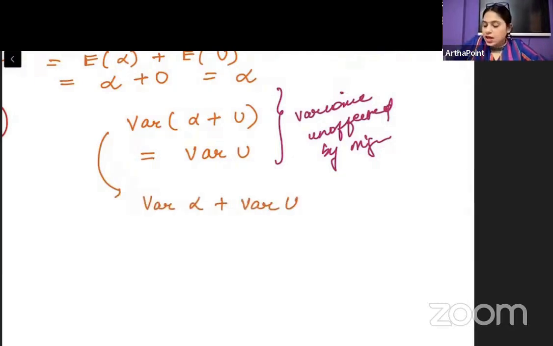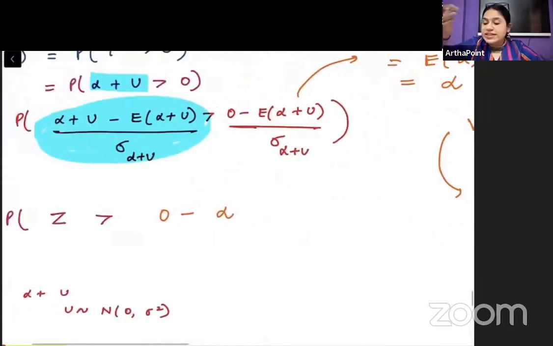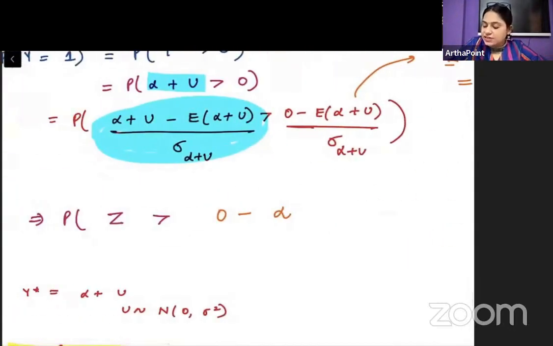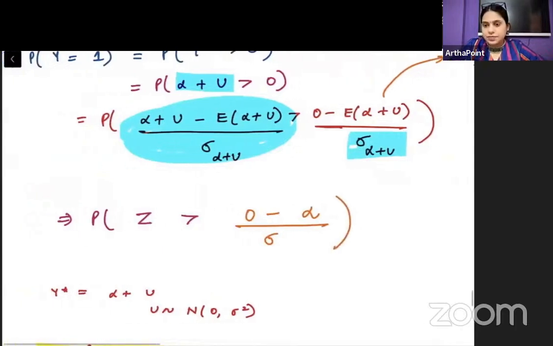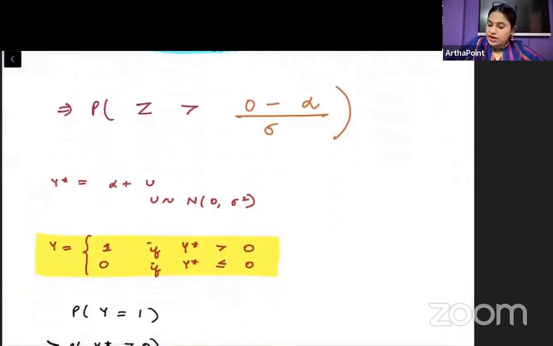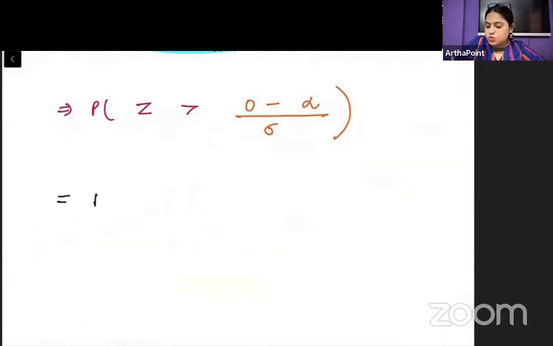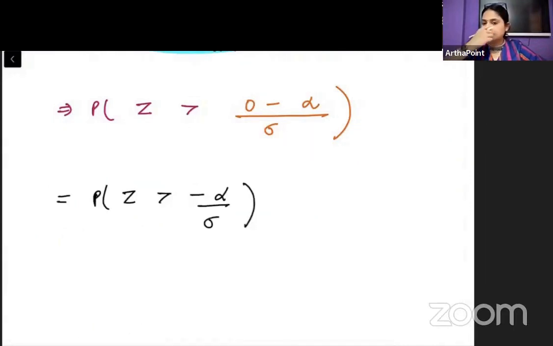Alpha is a constant and the variance of a constant is 0. So this is simply the variance of u. So in the denominator, the standard deviation of alpha plus u is nothing but the standard deviation of u only, which is sigma. So I get probability z greater than minus alpha by sigma, right?